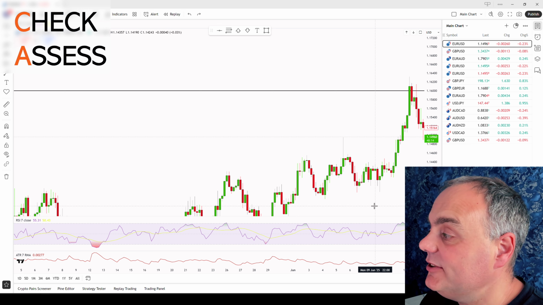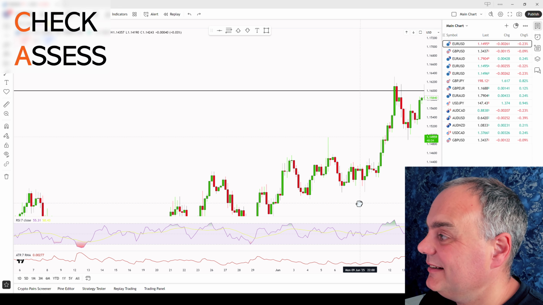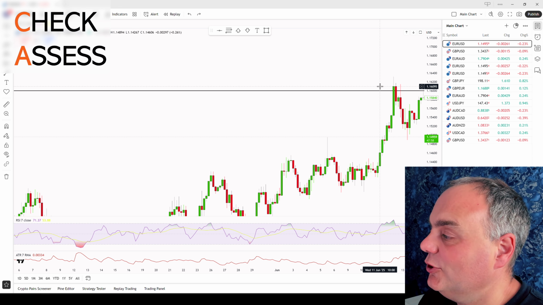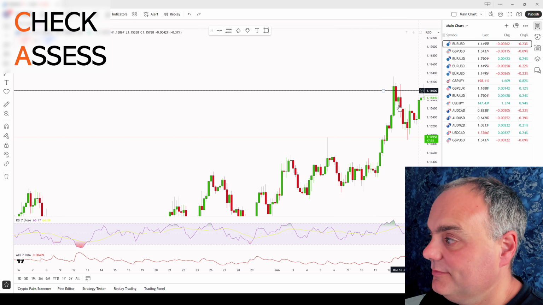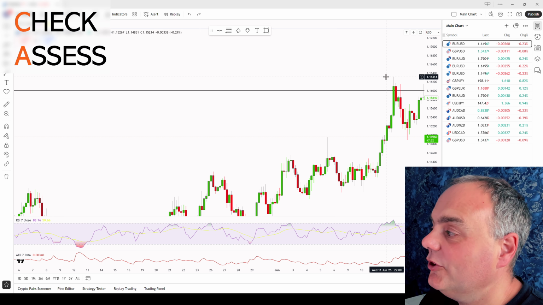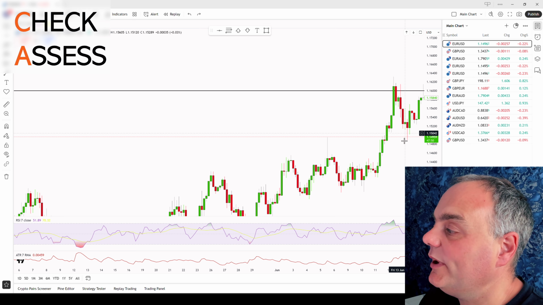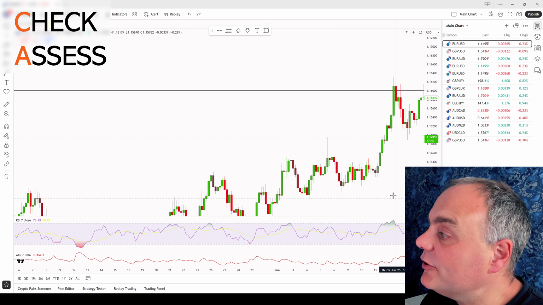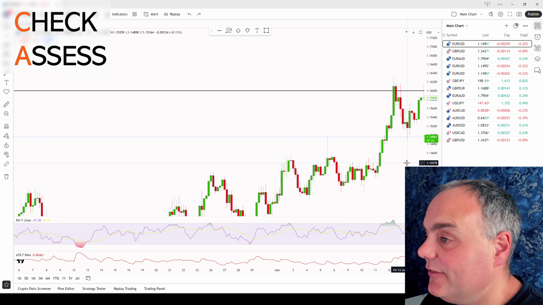Let's see what the market does. There we go. That's the candle which touches the highest close, tick 1, does not close above the highest high. We now have a valid double top. We've checked the market, we've assessed to see if there's a trade.